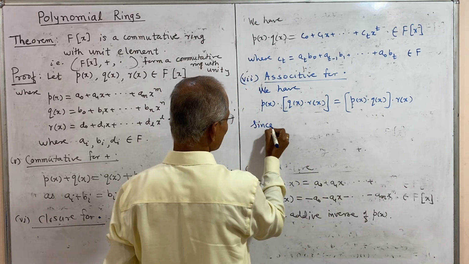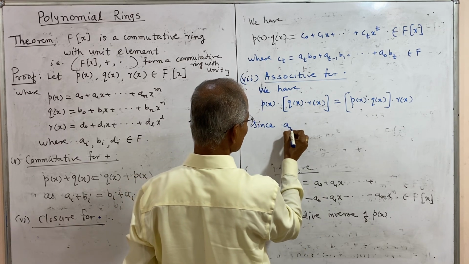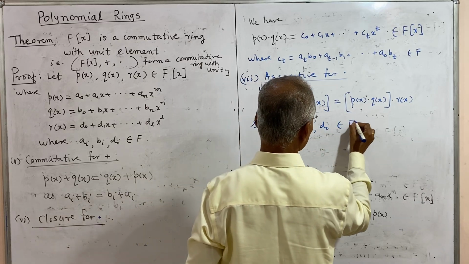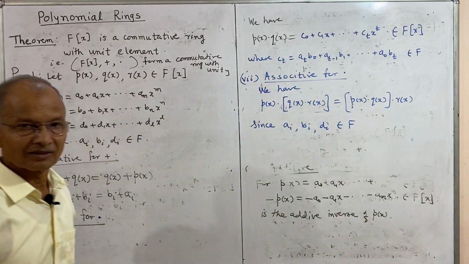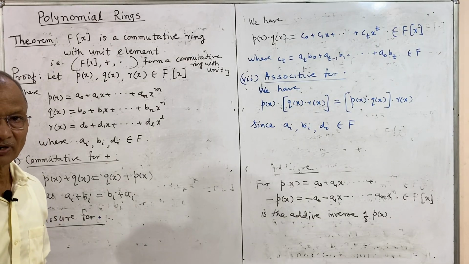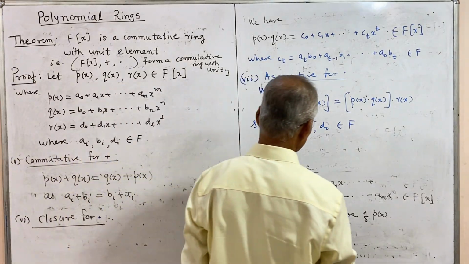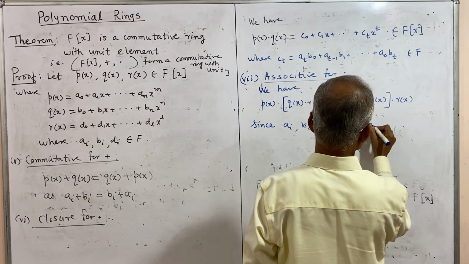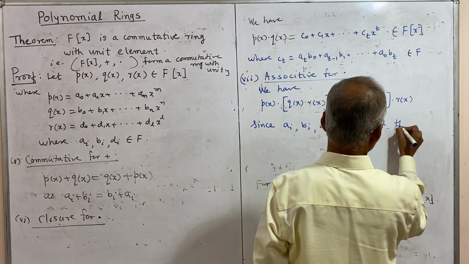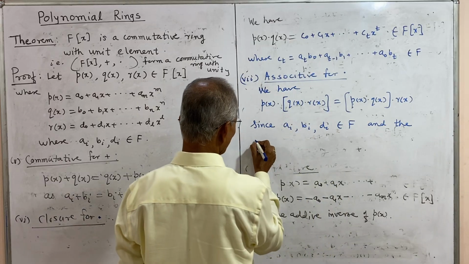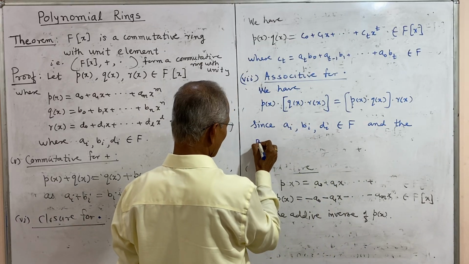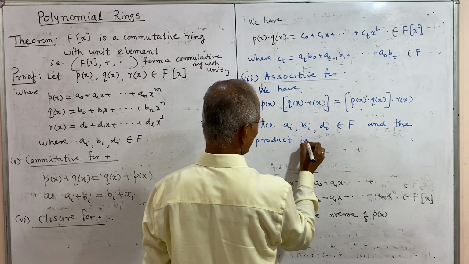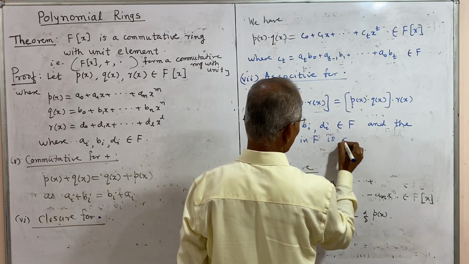The reason for this may be written as: since ai, bi, di belong to f, the coefficients are elements of a field, and the product of these elements in f is associative.